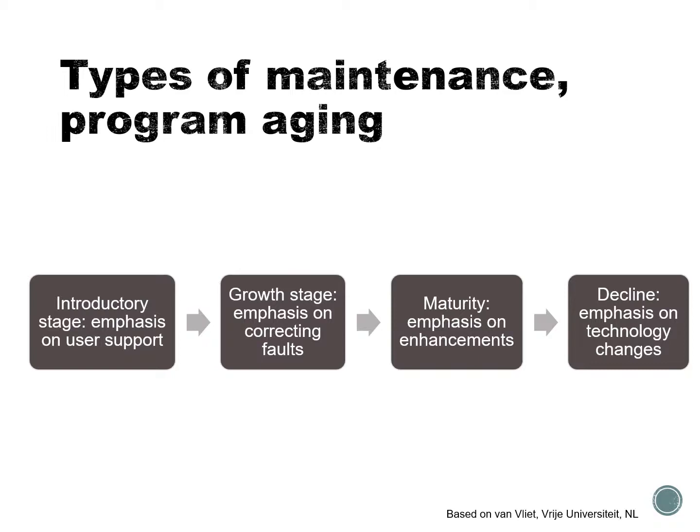When we are growing, we try to correct faults. When we have a stable user platform or a stable user population, we try to do enhancements to keep our users happy. And finally, when time moves onwards, we try to keep the product working on new platforms so that we are still competitive and can offer the possibility to run our product on newer platforms and newer technology.